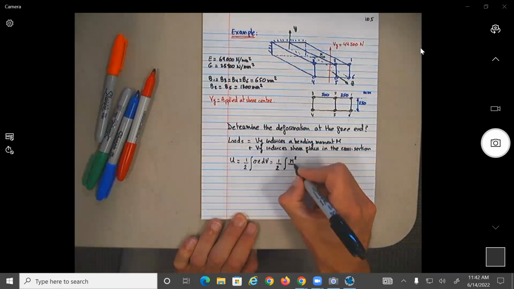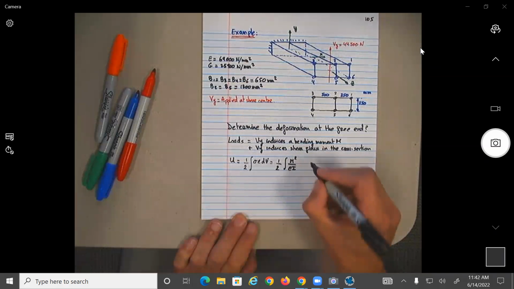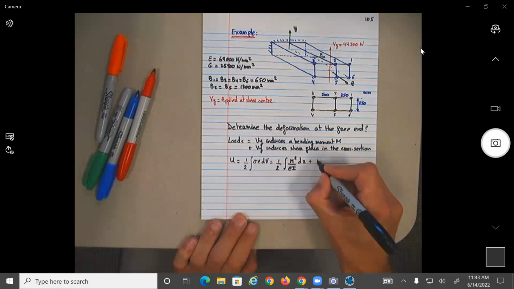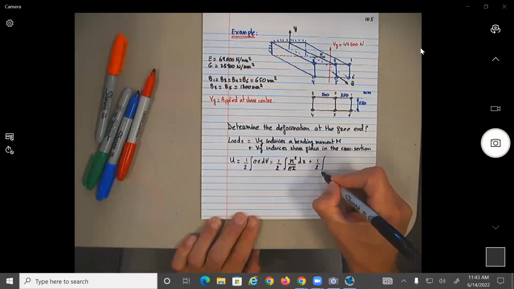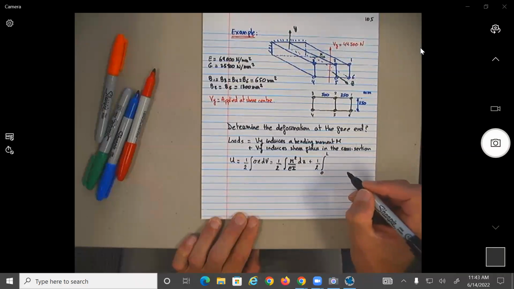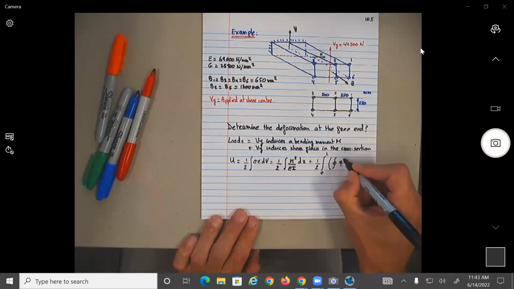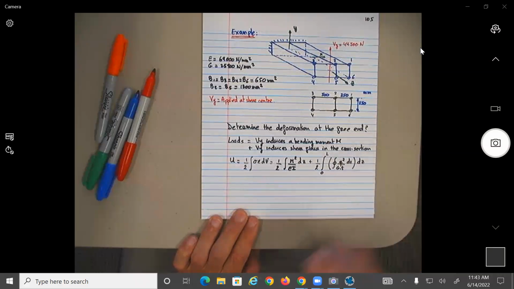M squared over EI dz, plus the 1/2. This one is a bit more complicated. So 0 to L. Then we need to go through the cross section of Q squared over GT ds. And then we integrate along the whole length, that would be dz.